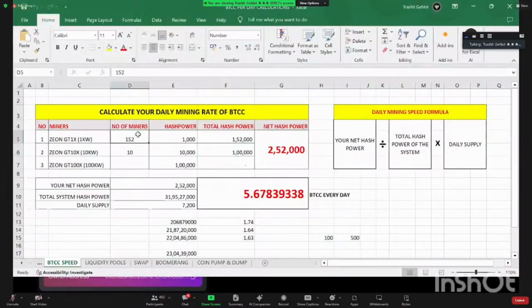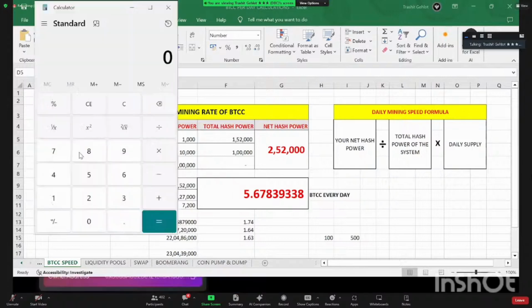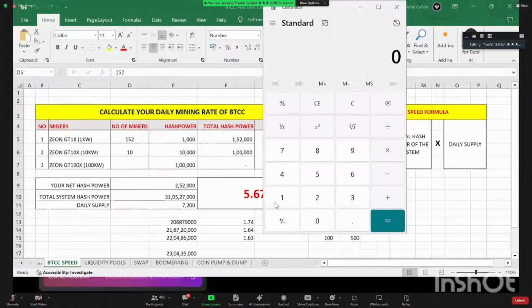Now, the $50 NFT is going to cost me $3, right? So 152 multiplied by $3, that's $456 every day. This is how my mining is going to cost me, right?